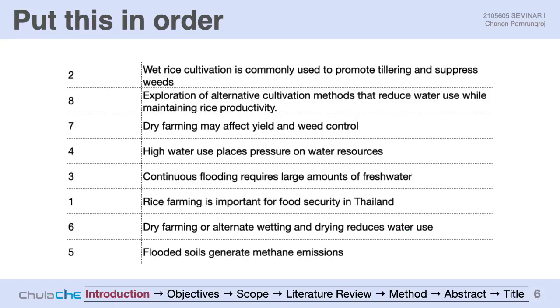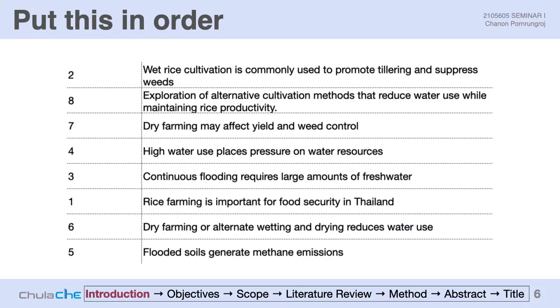How many times more? What is the global warming potential of methane? 30? I don't remember, but if you say so, yeah, more harmful than CO2.